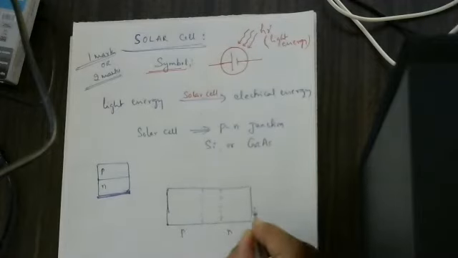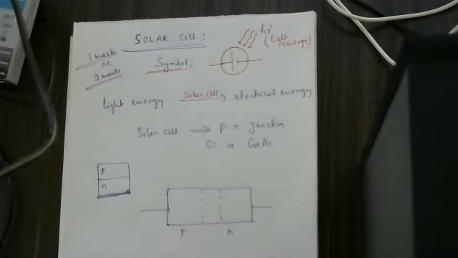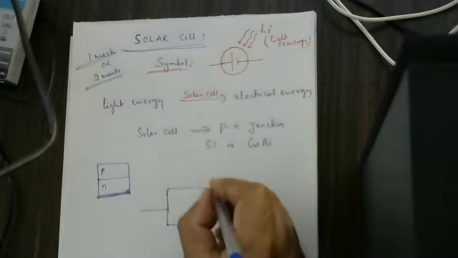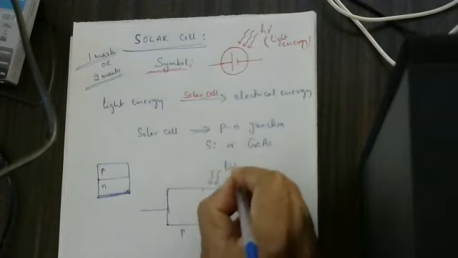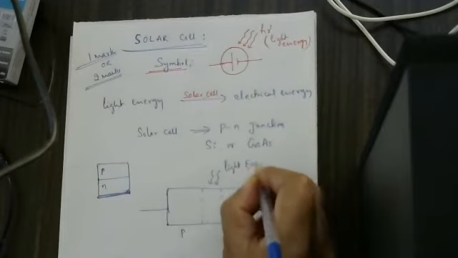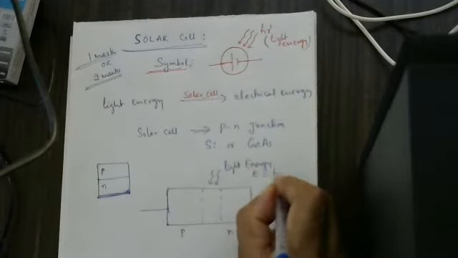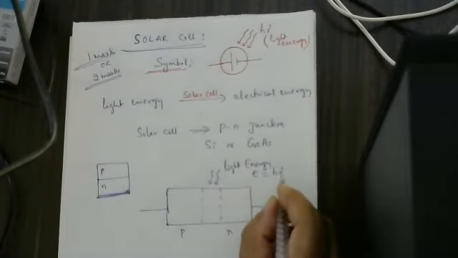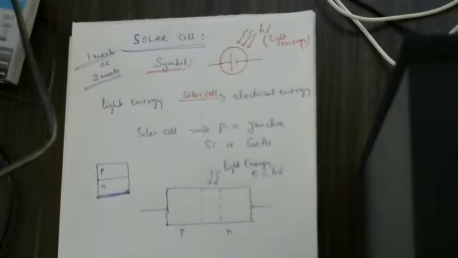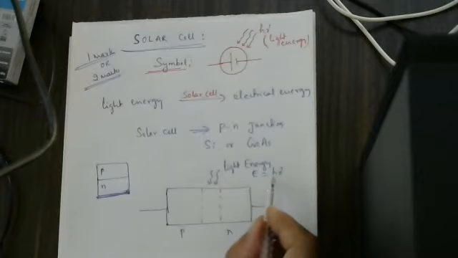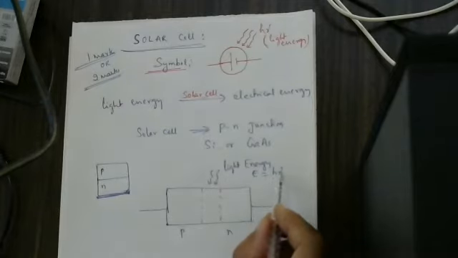P and N are present here like this. This is a light energy of suitable frequency, of course, E is equal to h nu, according to quantum mechanics, Planck's quantum theory. E is the energy, h is Planck's constant, nu is the frequency of light.